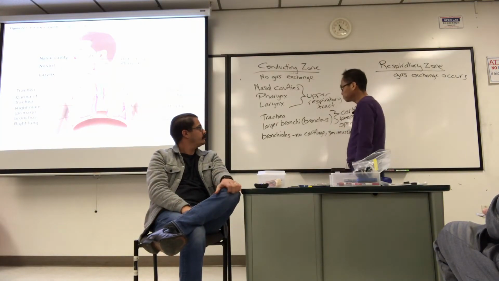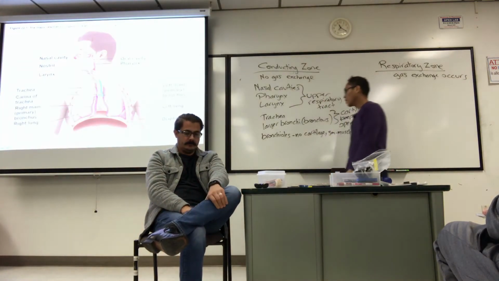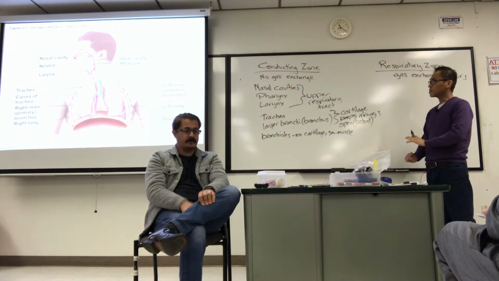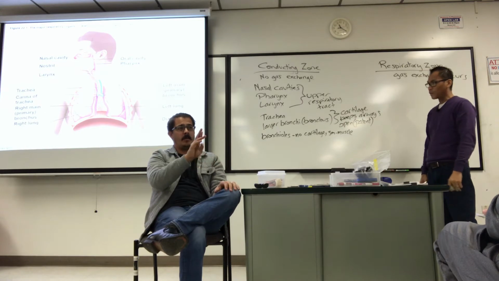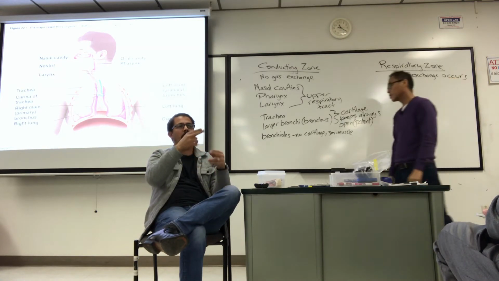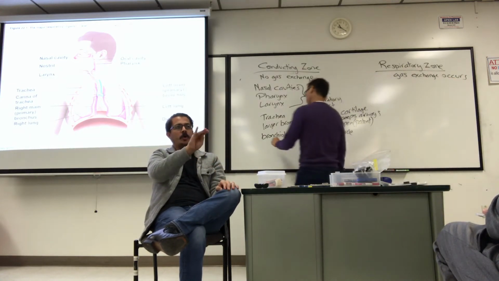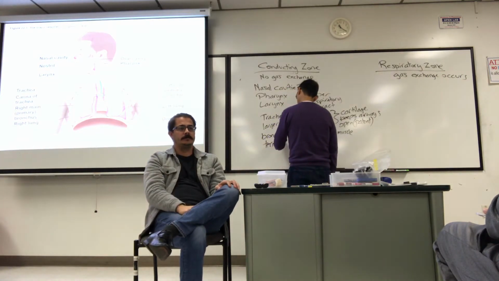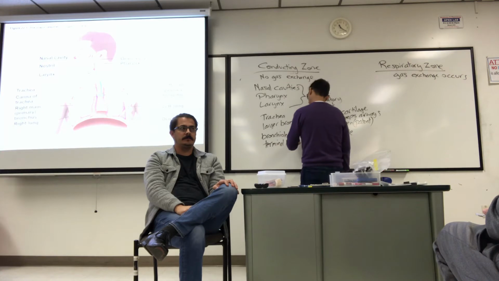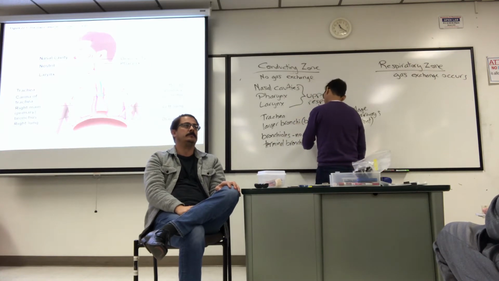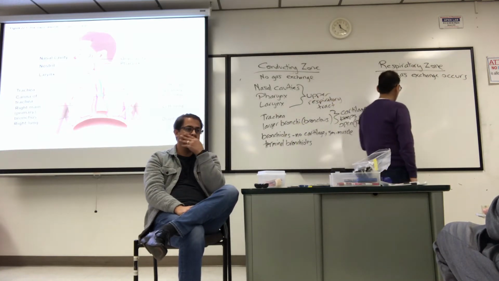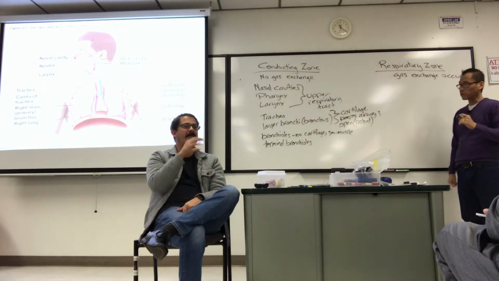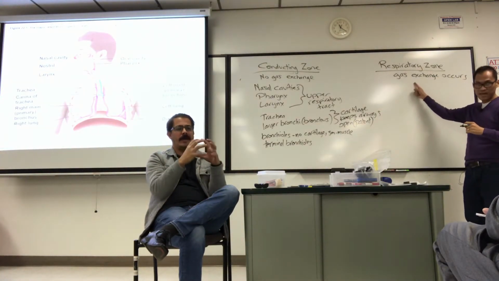And the last set of bronchioles of the conducting zone are called the terminal bronchioles. And then the first bronchioles that have the little alveolar spaces are called respiratory bronchioles, and that's where you can start to have gas exchange.